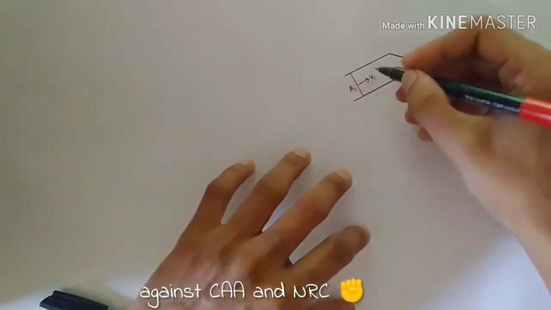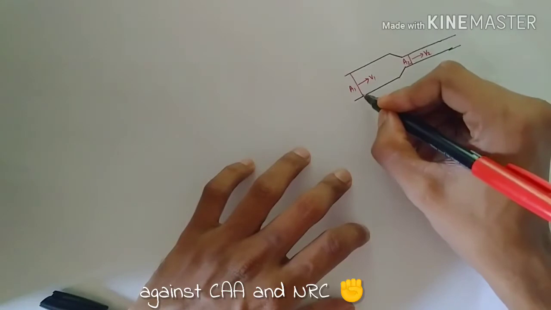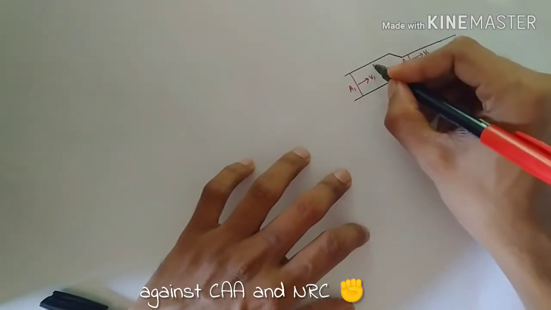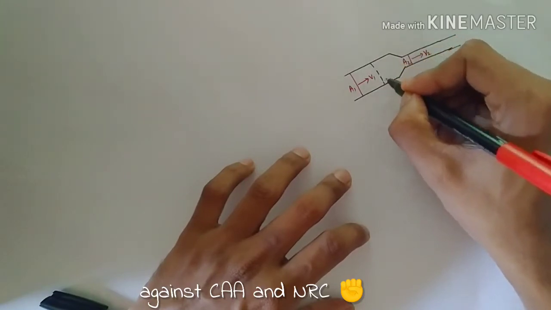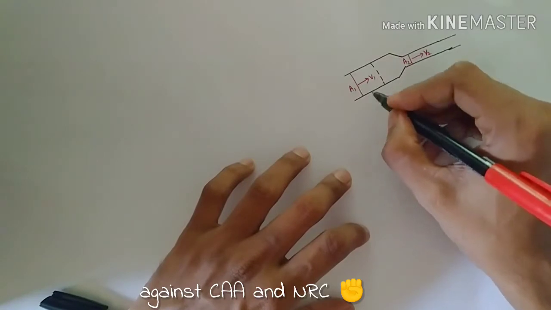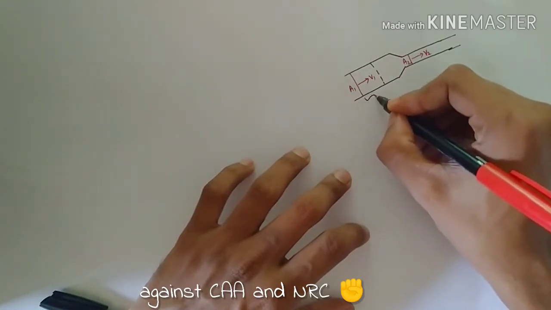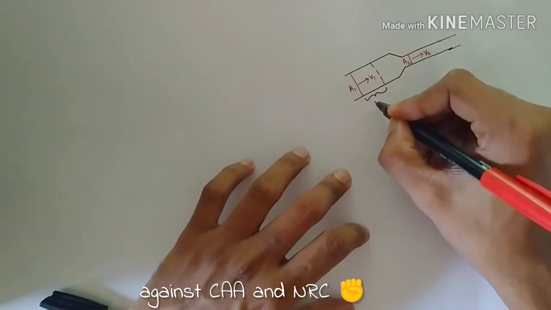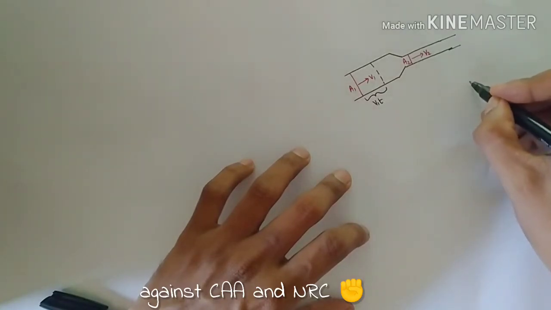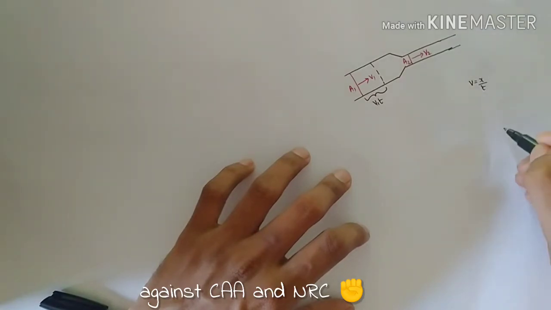Then in a small interval of time, a molecule over here will travel a distance of this much and reach this point. This distance traveled we could write as v1t, because velocity is equal to displacement by time.